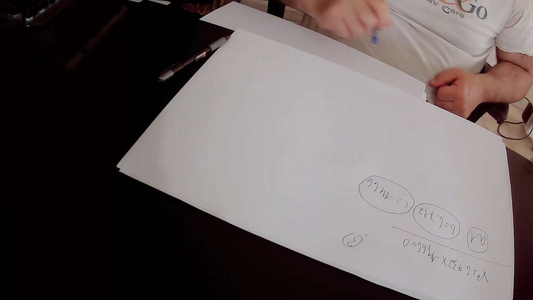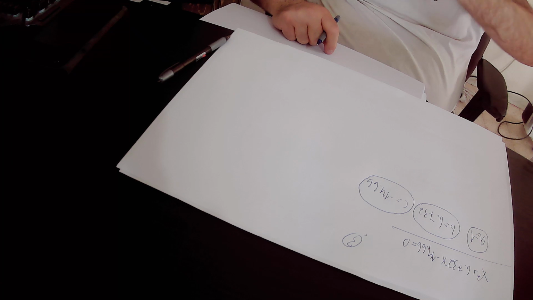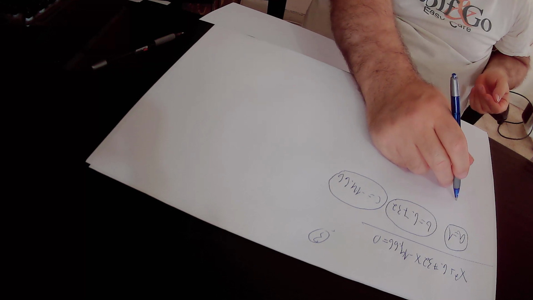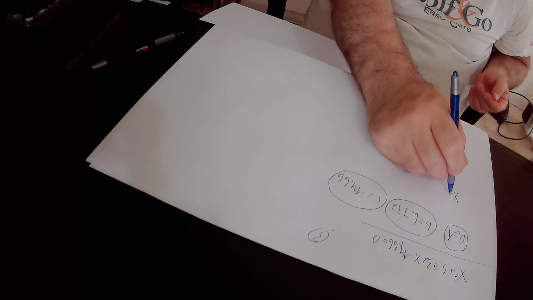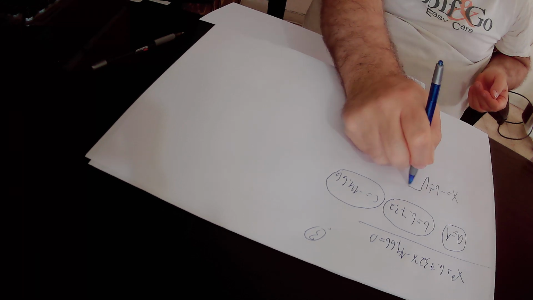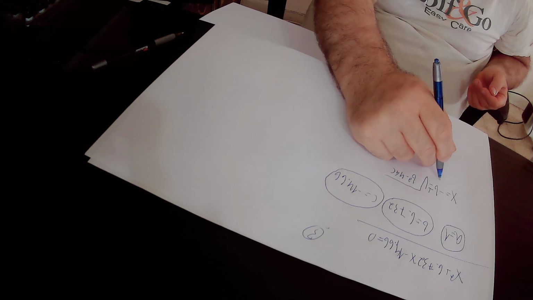So we just have to put the values of a, b, and c inside the general formula for x. Repeat again, the general formula for x is x equals minus b plus minus square root of b squared minus 4 times a times c over 2a.